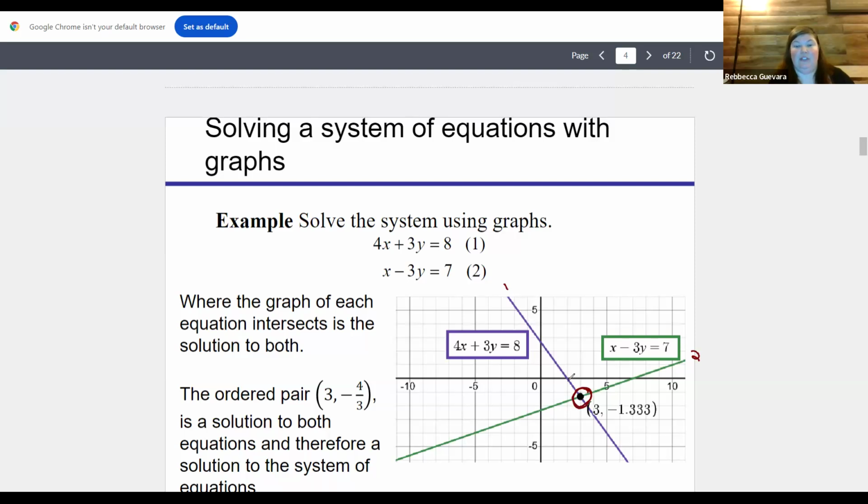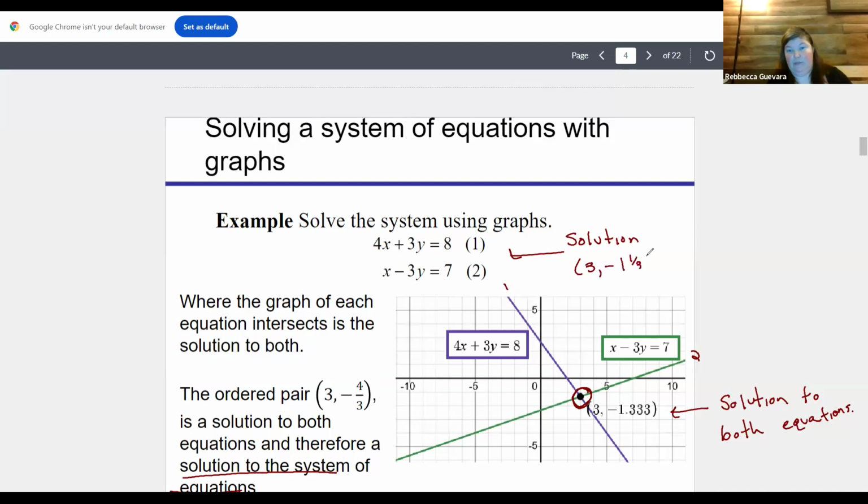This is a point of intersection, which means it's a solution for each line. Since it's a solution to both equations, it's also a solution to the system of linear equations. So my solution to this whole system is the point (3, negative 1 1/3).